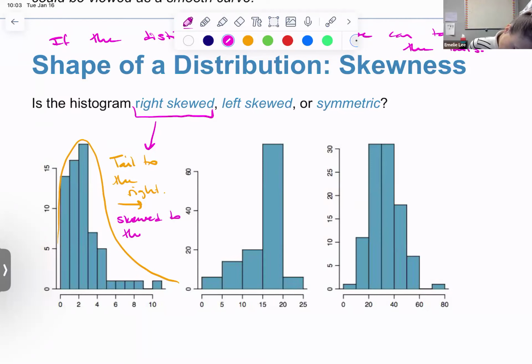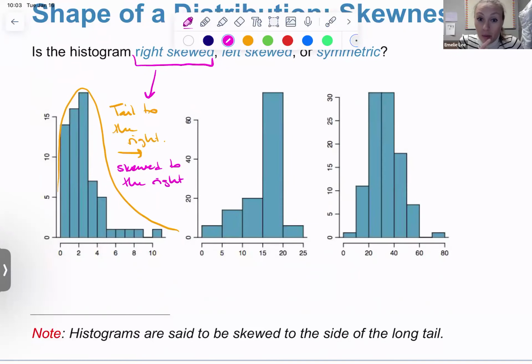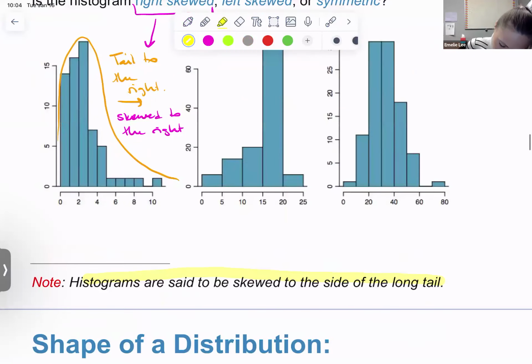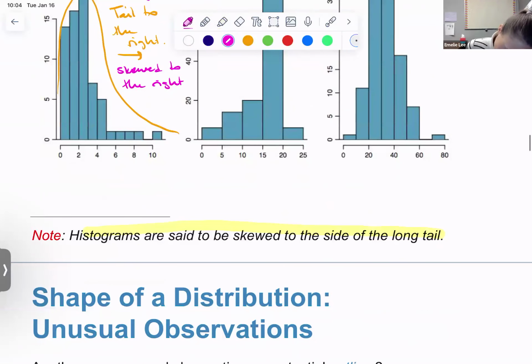You could also call it a positive skew if you want. But the key thing to remember here is that histograms are skewed in the direction of the tail.